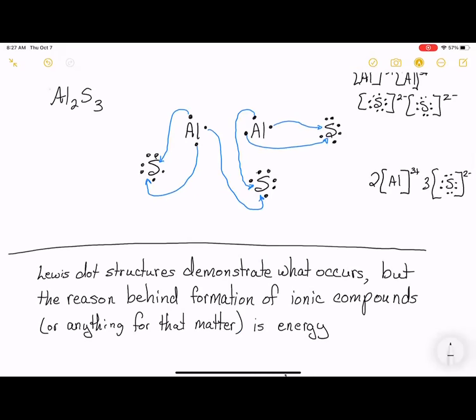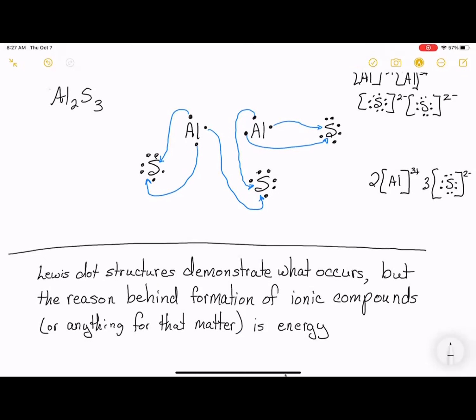So when I write a Lewis dot structure for an ionic compound, I am indicating what has occurred with the electrons. I am indicating the motion or the transfer of those electrons. But the transfer of electrons is not the main reason why ionic compounds form.